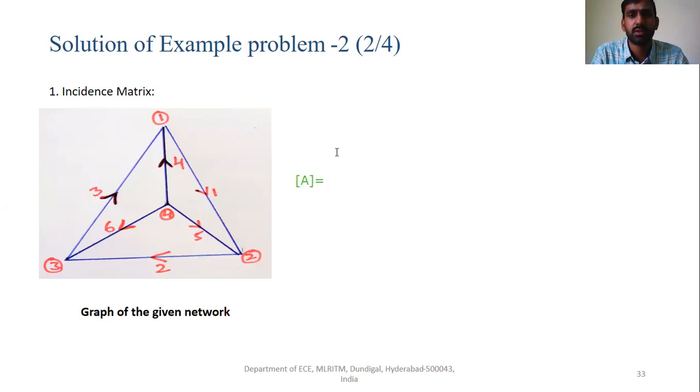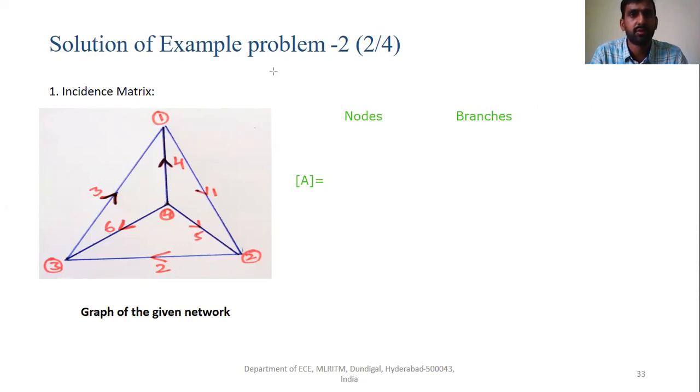So what could be the rows here? Rows are nothing but nodes. The columns are nothing but branches. So let us obtain the matrix over here.